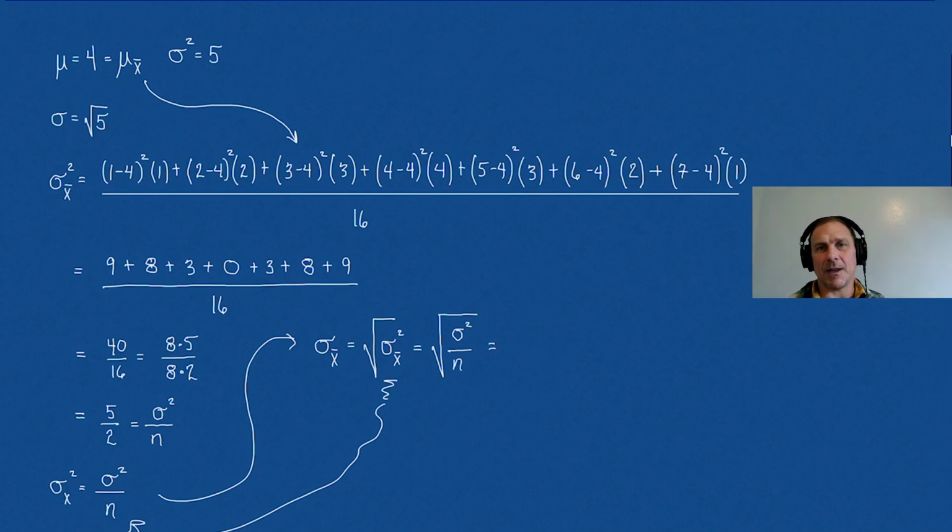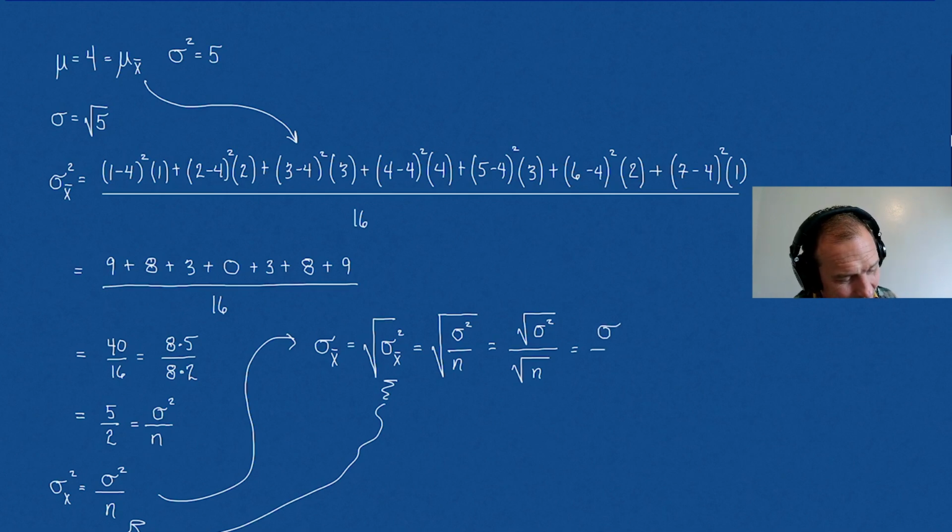Well, it may have been a while since you've worked with square roots, but the square root of a fraction is also the fraction of square roots. So this is the square root of the variance divided by the square root of the sample size. And we already know that the square root of the variance, that's the standard deviation, divided by the square root of n. Whoa.